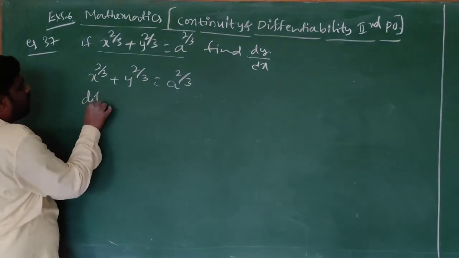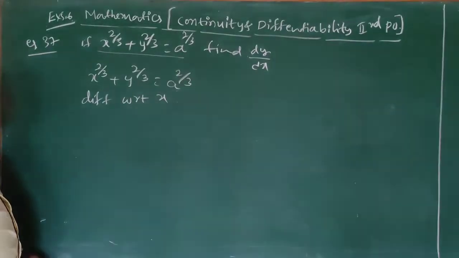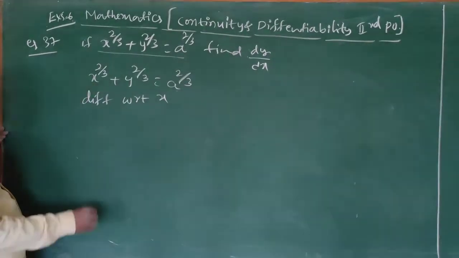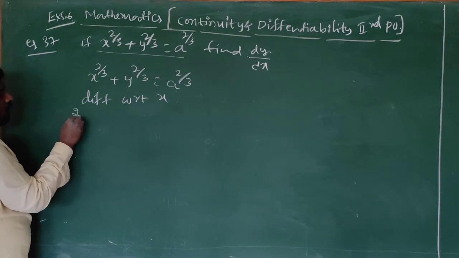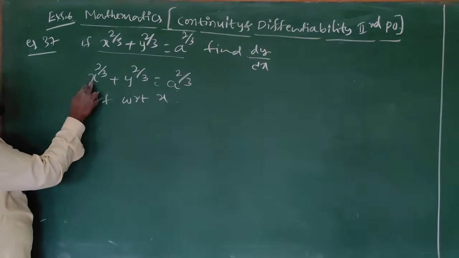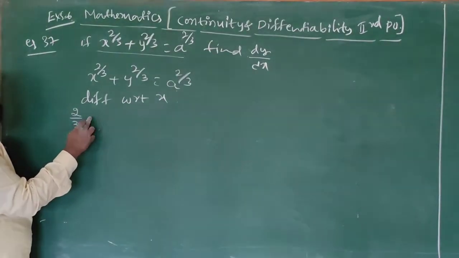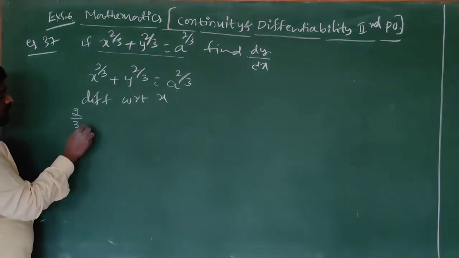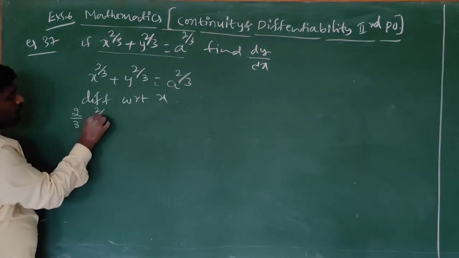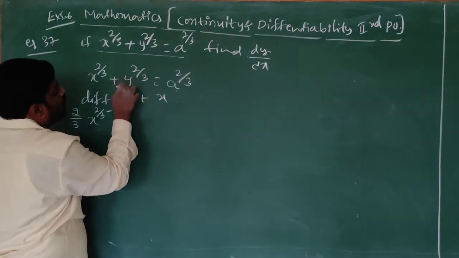Now this one is differentiate with respect to x. X to the power of 2 by 3 differentiation is 2 by 3 into, apply the x to the power of n formula. X to the power of n formula is what? N into x to the power of n minus 1. 2 by 3 x to the power of 2 by 3 minus 1 plus y to the power of 2 by 3.